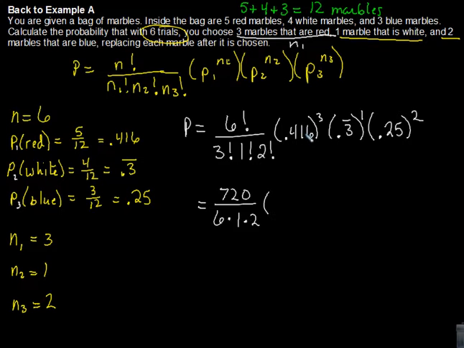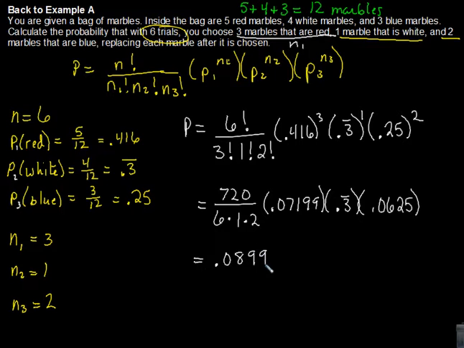And then 0.416 to the third is 0.7199. And 0.3 to the 1 is, hey, 0.3. And 0.25 squared is 0.0625. And when I divide this and then multiply it by those, I get 8.9%. Well, actually 8.99, but it's good enough.